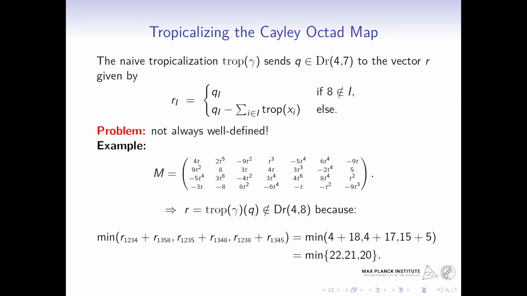And if I pick this 3-term Plücker relation here, the minimum is achieved only once and not twice. We need the minimum achieved twice in order to satisfy all the 3-term Plücker relations and live in the Dressian. So this naive tropicalization does not work. There is some more work to do in order to use this Cayley octet map tropically.